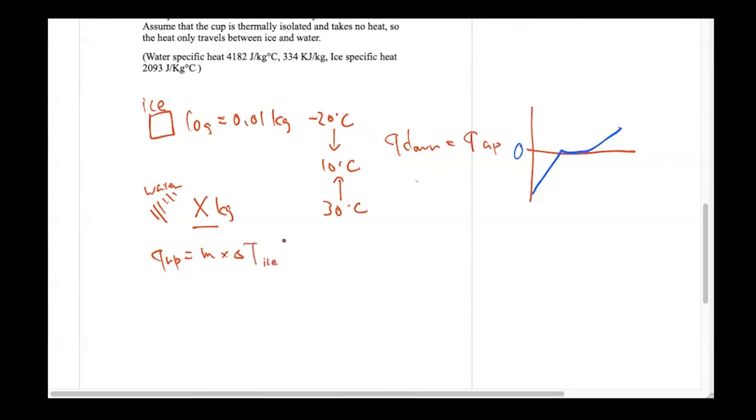Let's say m ice, and you need to multiply by the specific heat of ice. Then you go through the latent heat process, which can be calculated as mass multiplied by latent heat. Then, as a third process, mass multiplied by delta T water and the specific heat of water.